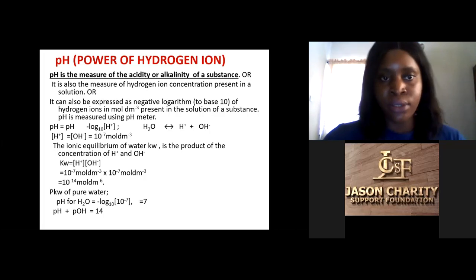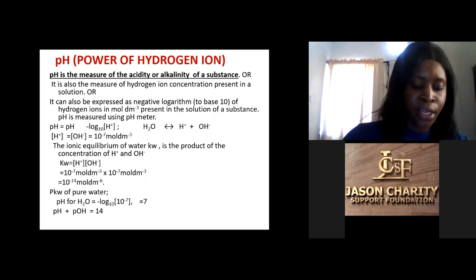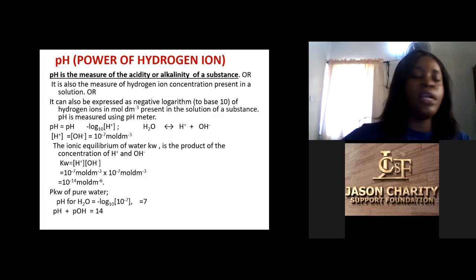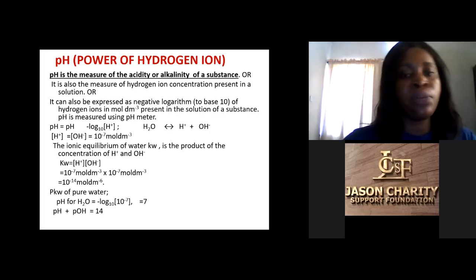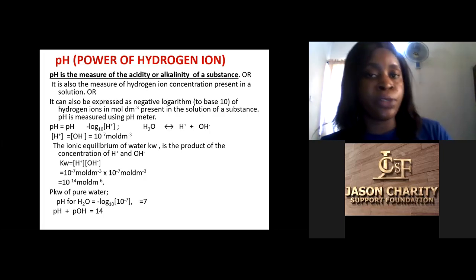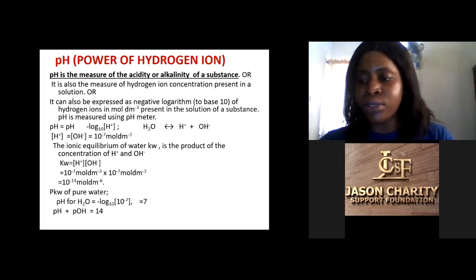So pH is given as the negative logarithm to base 10 of the hydrogen ion concentration. And where you have the hydrogen ion, you also have the hydroxyl ion. In the ionic equilibrium of water, the product of the concentration of the hydrogen ion and the hydroxyl ion is constant, because when water dissociates, it produces hydrogen ion and also hydroxyl ion.